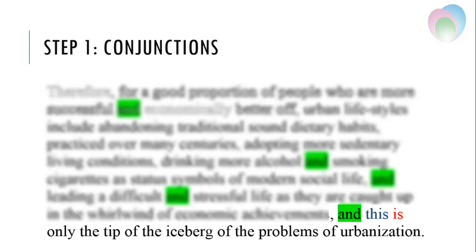Because this sentence can be treated separately, we are going to separate it from the rest of the sentence. As you can see, the word only is an adverb. And like the word economically, we are going to imagine that it does not exist.